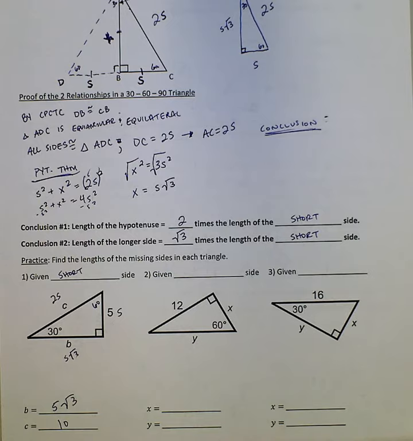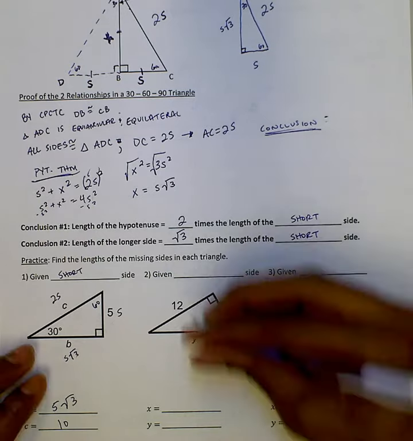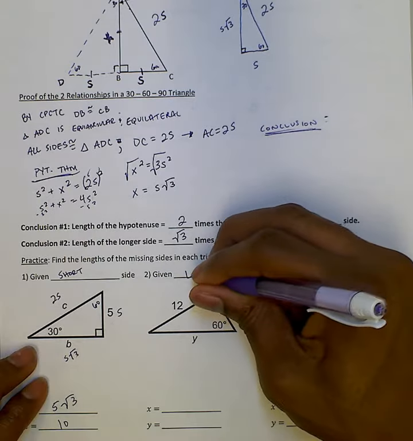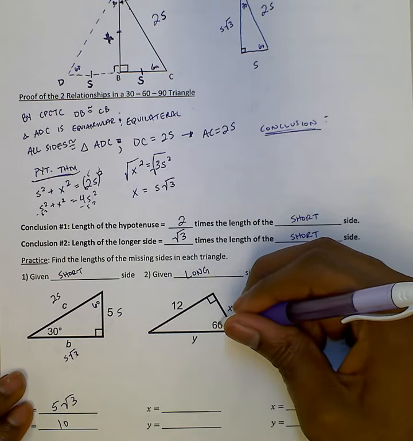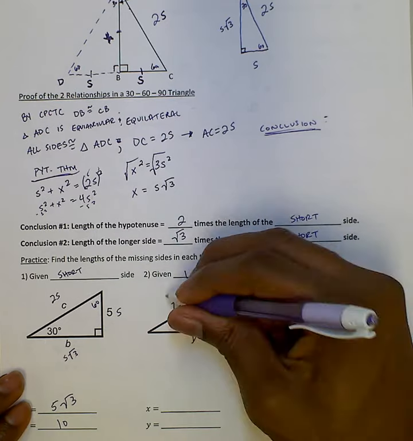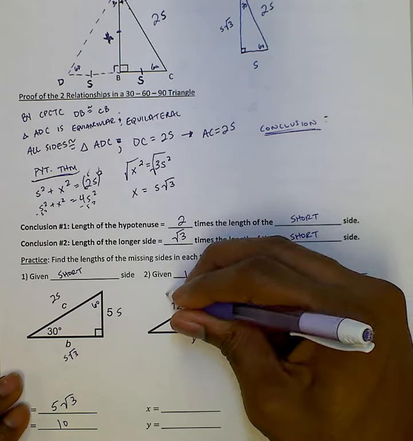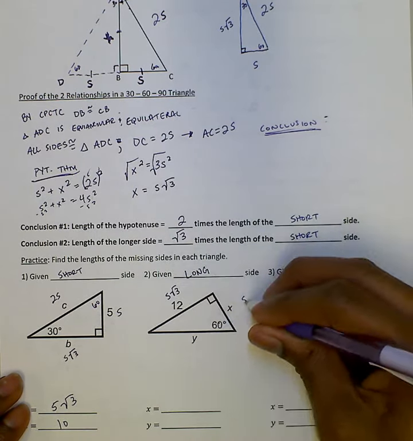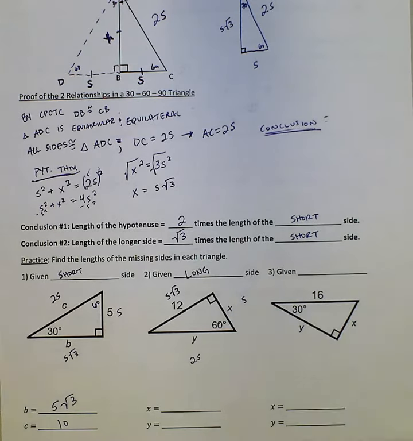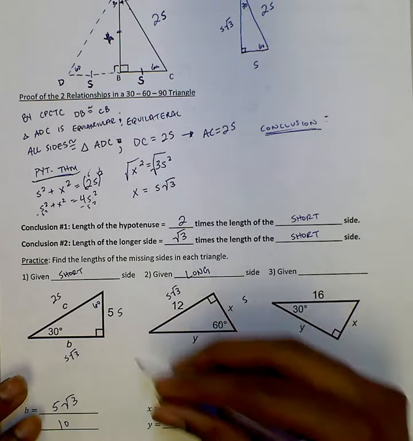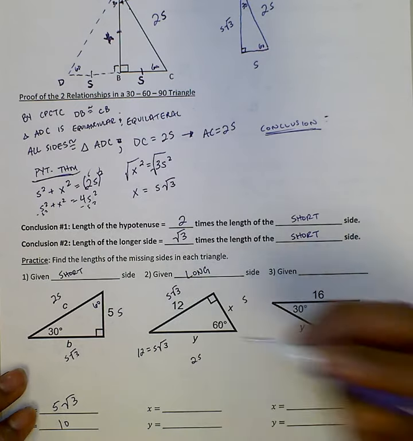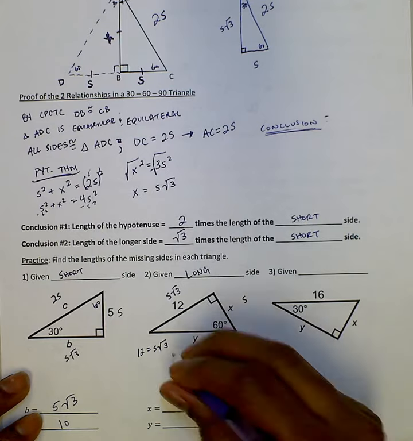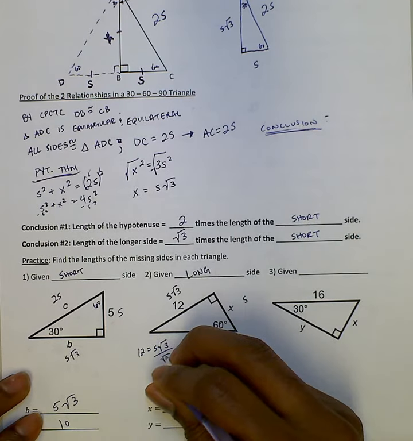Pretty quick. I can be given the longer side. Here I'm given the 60-degree angle, and that this side is 12. I like to label what these ratios are so it's easy to set up an equation. 12 equals S radical 3. I can find S by dividing by radical 3.